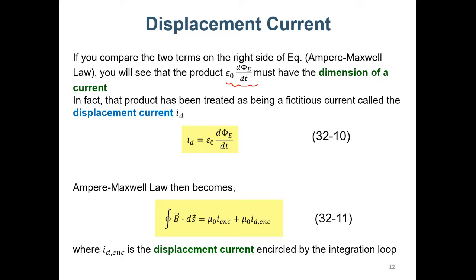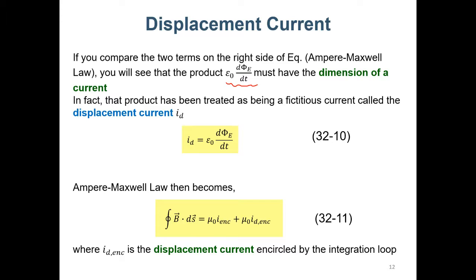And actually here, of course, the Ampere-Maxwell law is correct, and it tells you that the current should have the same dimension as this term, and this term is called the displacement current, 位移电流, I_D.